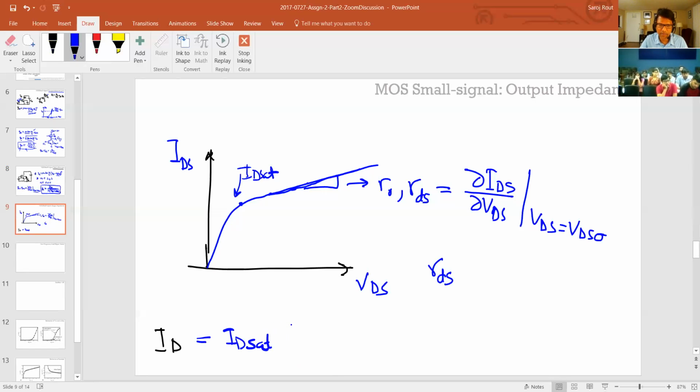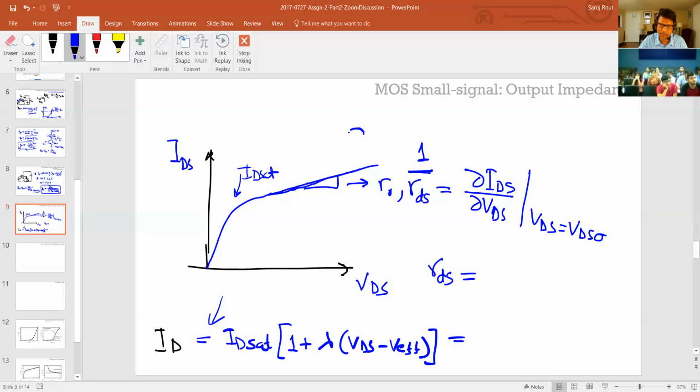Times we had that 1 plus lambda times VDS minus V effective. So if you take the derivative of this equation with respect to VDS, the derivative of IDS over VDS is actually 1 over RDS.